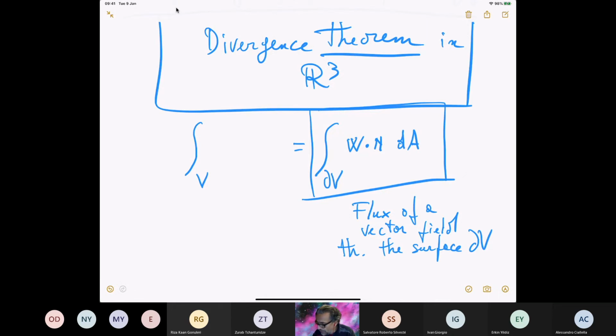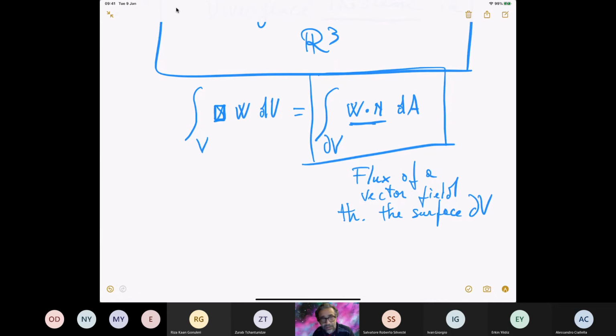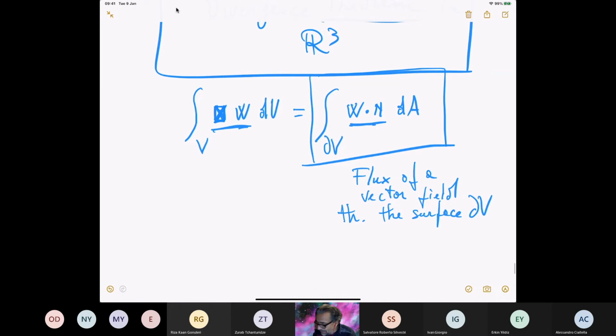So the problem of Gauss was, can I invent an operator? In this moment, I call it a square with a cross, such that this operator applied to W, integrated on the volume, gives us the flux. Now, first thing, here you have an inner product. So this operator must depend on the inner product. So it is something strictly related to the inner product. So Gauss theorem can be stated as follows.